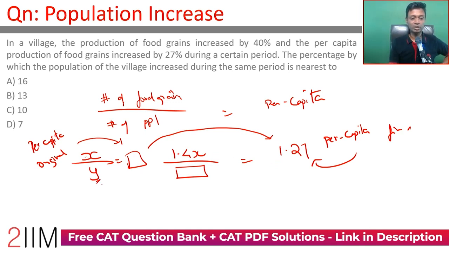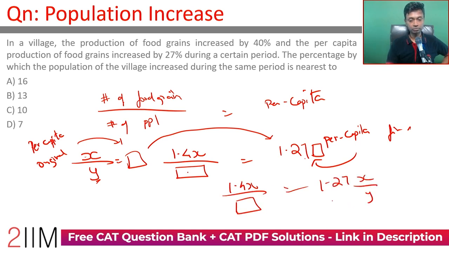So x by y equal to some number. 1.4x by whatever this is 1.27 times this number, or 1.4x by something is 1.27 times x by y. Or this number we are looking for is 1.4 by 1.27 times y.